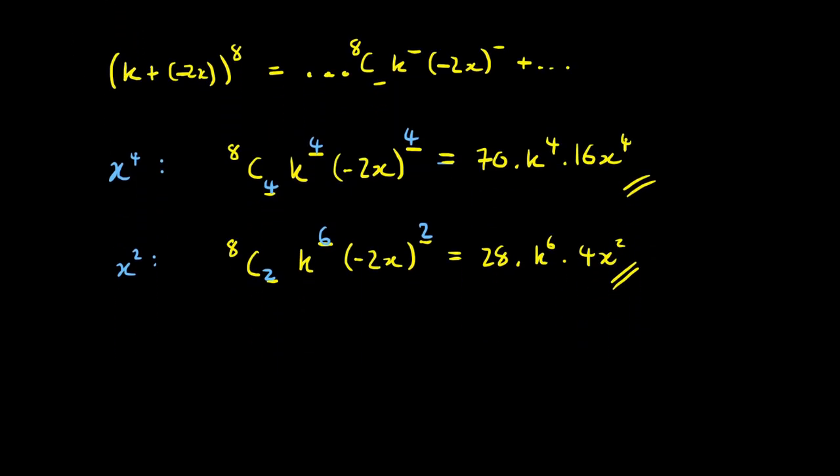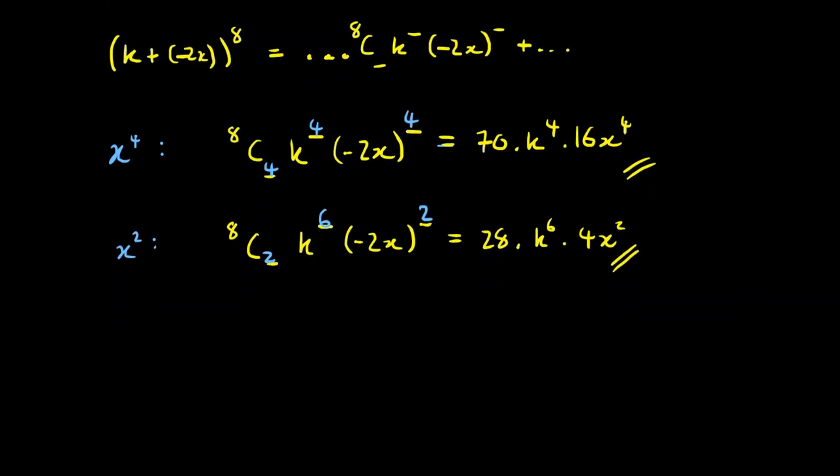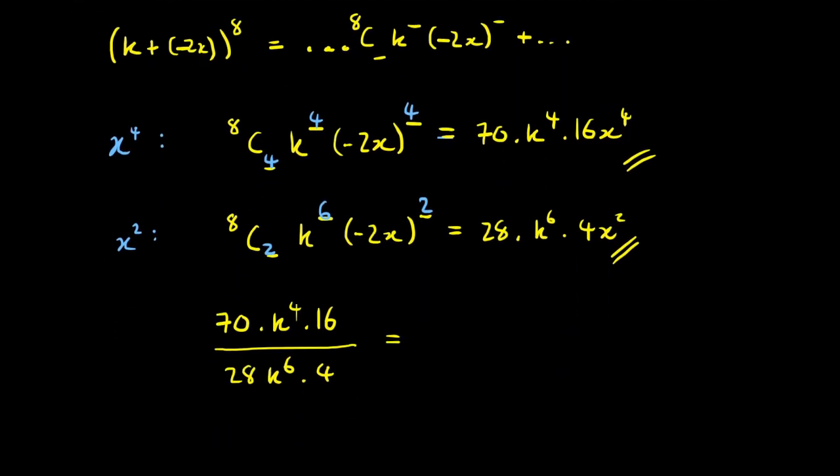Well then, what's the coefficient of x to the 4? It's this thing here, right? So let's write that down. We have got 70 times k to the power of 4 times 16. That's the coefficient of x to the 4, divided by the coefficient of x squared, which is 28 k to the power of 6 times 4.